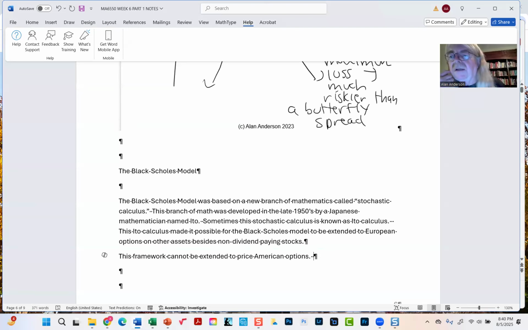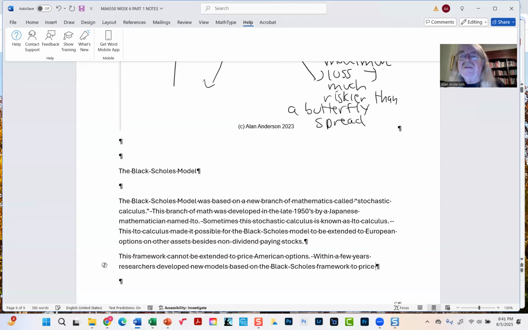But as you can probably guess, within a few years, researchers, which we will see in the next chapter, by the way, developed new models based on the Black-Scholes framework to price American options, but it's a very complicated process.